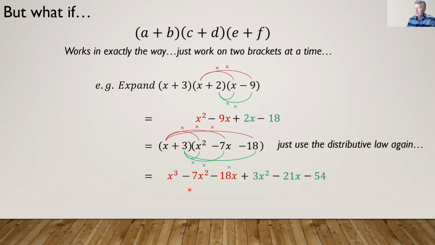Is there anything we can simplify though? Let's have a look. So let's look for our x cubed terms. How many x cubed terms have we got? We've got 1 there and there's no others. So we're just going to write x cubed down there. What about the x squared terms? Well, we've got -7x squared. Now see how I've circled the negative here as well? You have to count the sign in front. -7 plus 3. -7 plus 3 is -4.